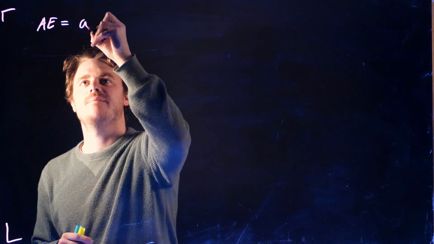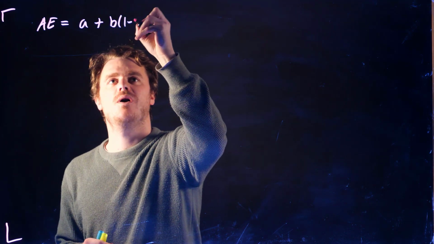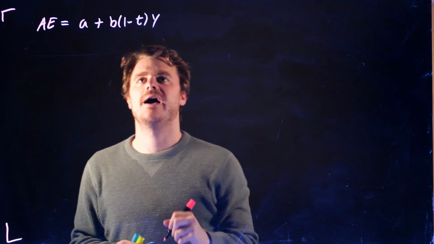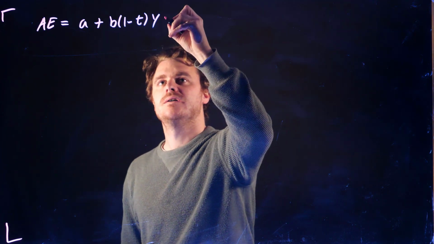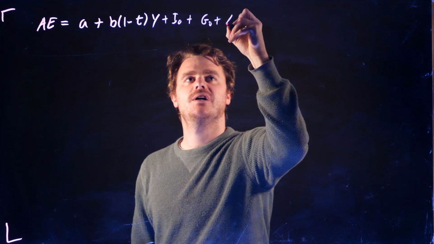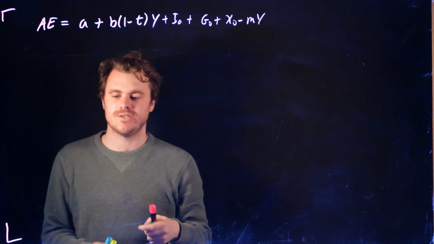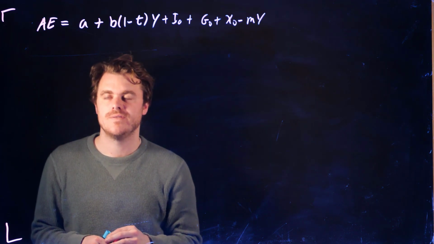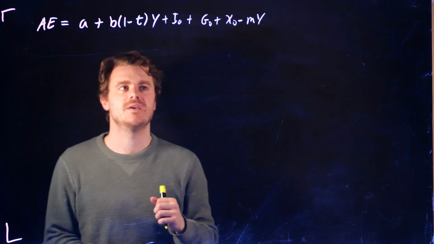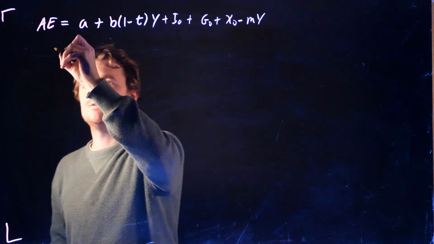Remember, it's A plus B times 1 minus T times Y plus I0 plus G0 plus X0 minus M times Y. So this is kind of where we got to on that last board, so to speak. All right, so we plugged in all of our functional forms.